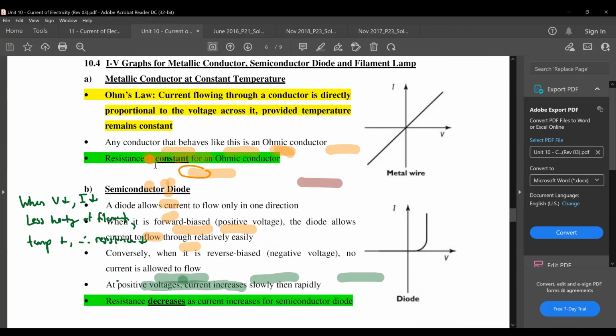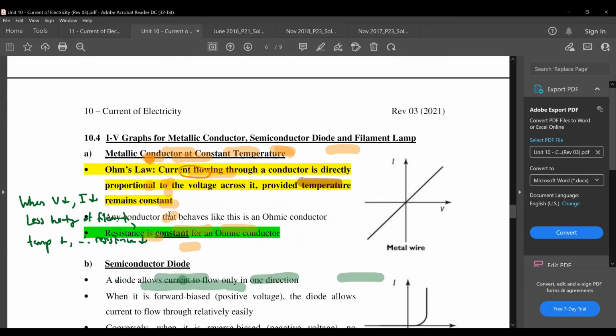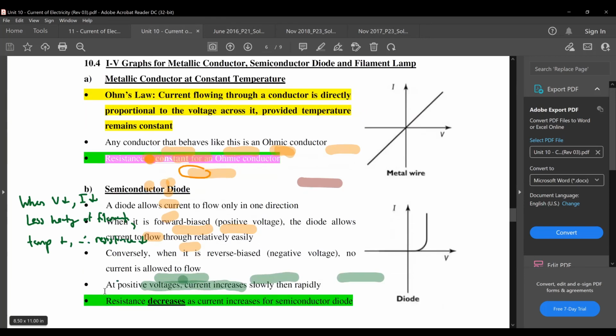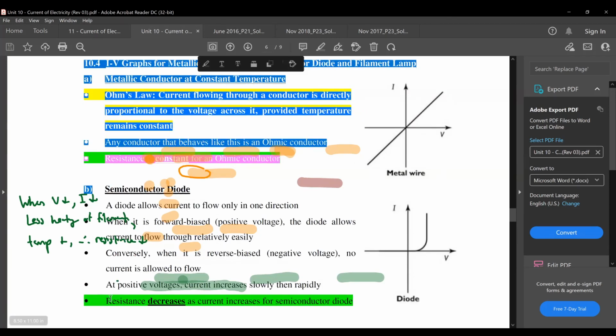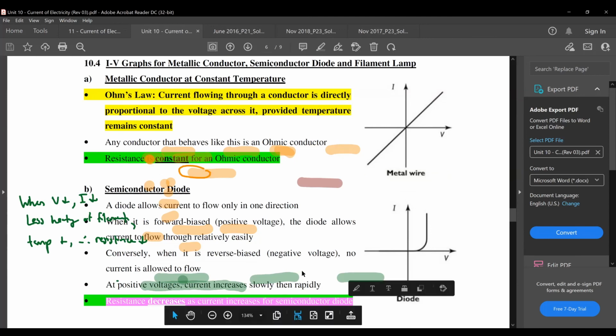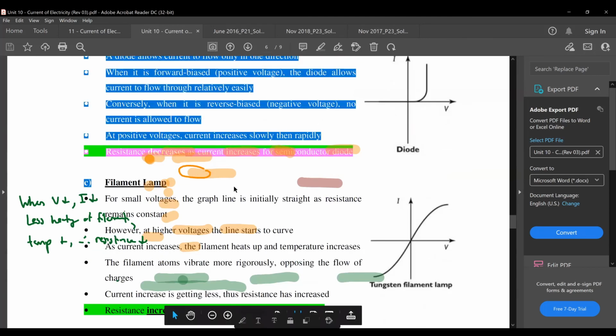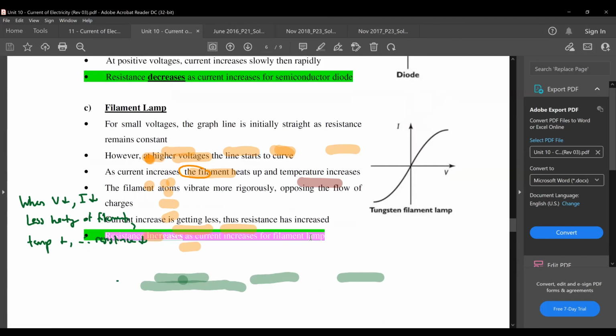Okay, so under the lesson that you have watched, the three different components here, when you're talking about ohmic conductor or metallic conductor at constant temperature, just know that the resistance will always be constant. Whereas when you're talking about semiconductor diode, its resistance will tend to drop as current increases. Whereas for filament lamp, its resistance will always tend to increase as current increase.